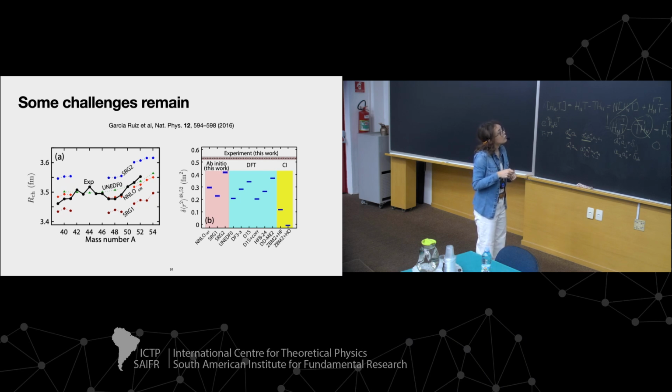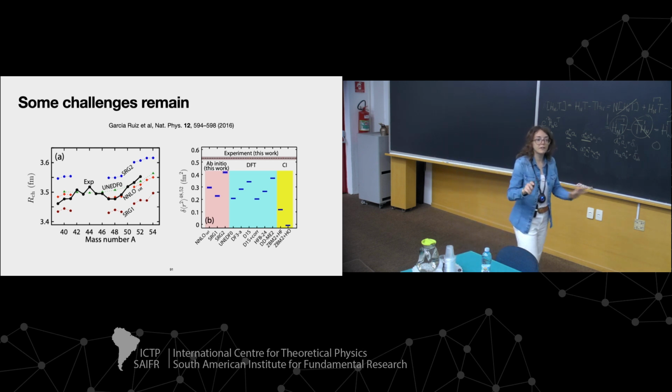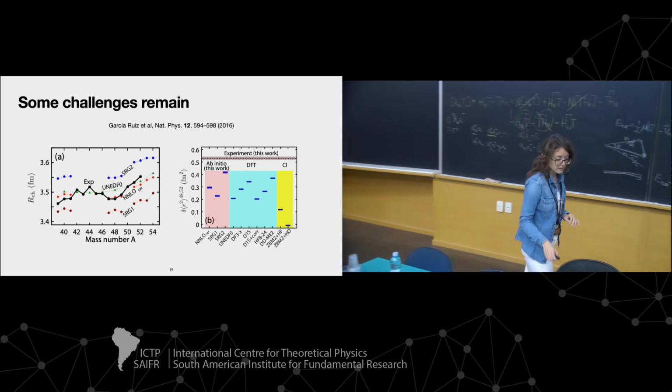DFT also predicts a lower value for this differential charge radius, and the same for configuration interaction. So we can see that this is a problem seen by different theoretical approaches.